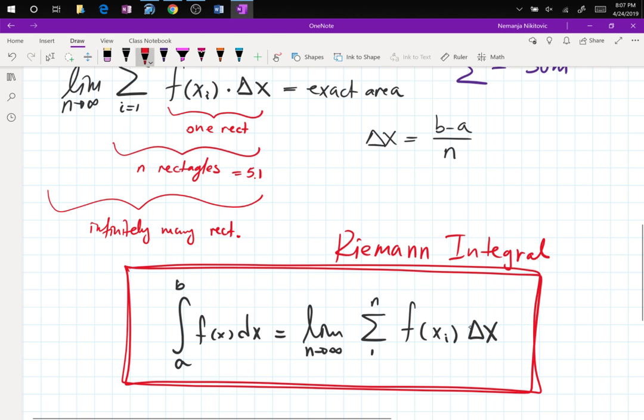The easiest application to understand is area under the curve, but in general this formula calculates any kind of accumulation, which is why this is one of the most important formulas of all of STEM and finances and everything else, right? How much money did I acquire over a period of 3 years?